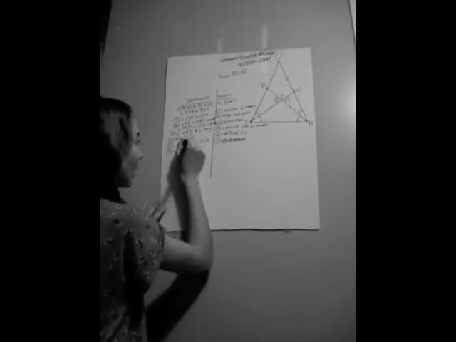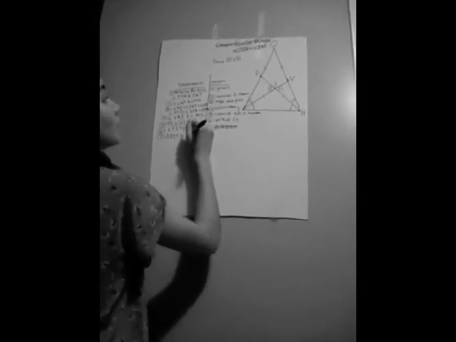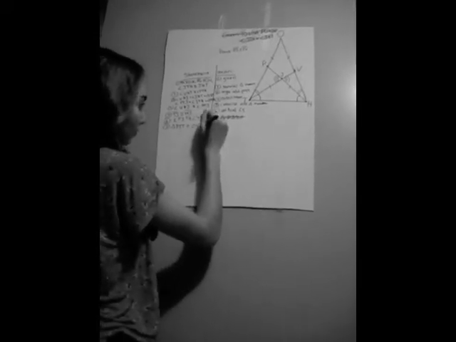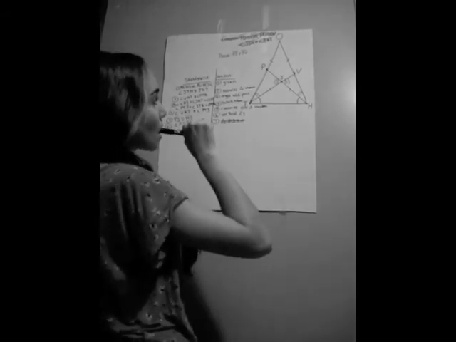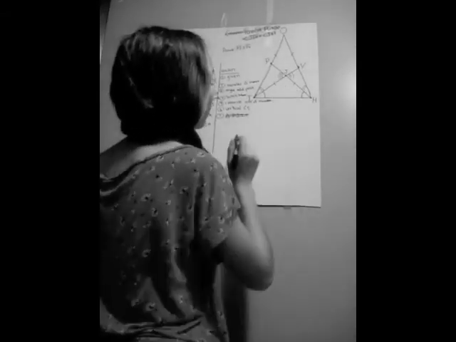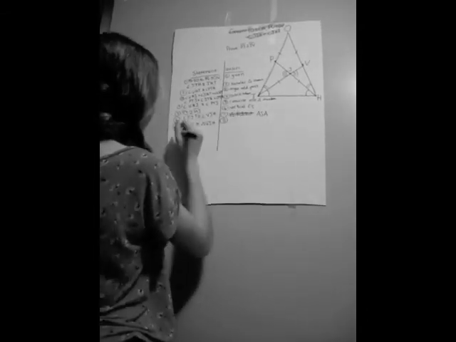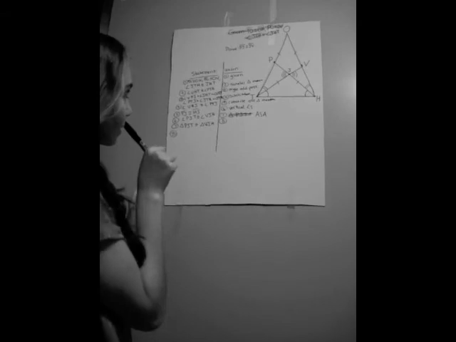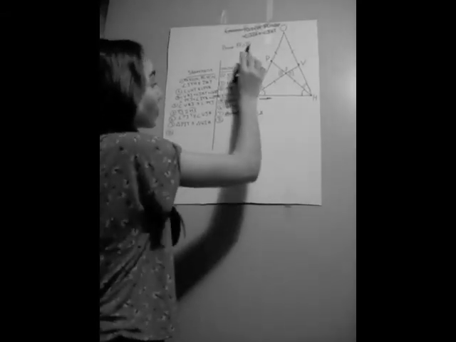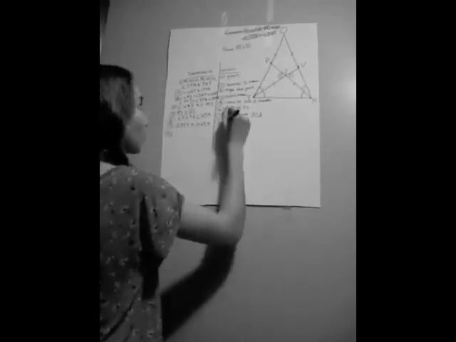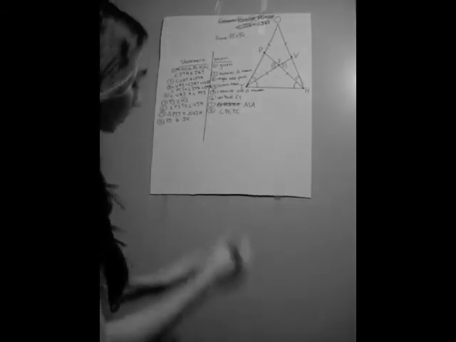Triangle PJT is congruent to triangle VJH by angle side angle. And then our last step is that PJ is congruent to JV by CPCTC. And then that's it.